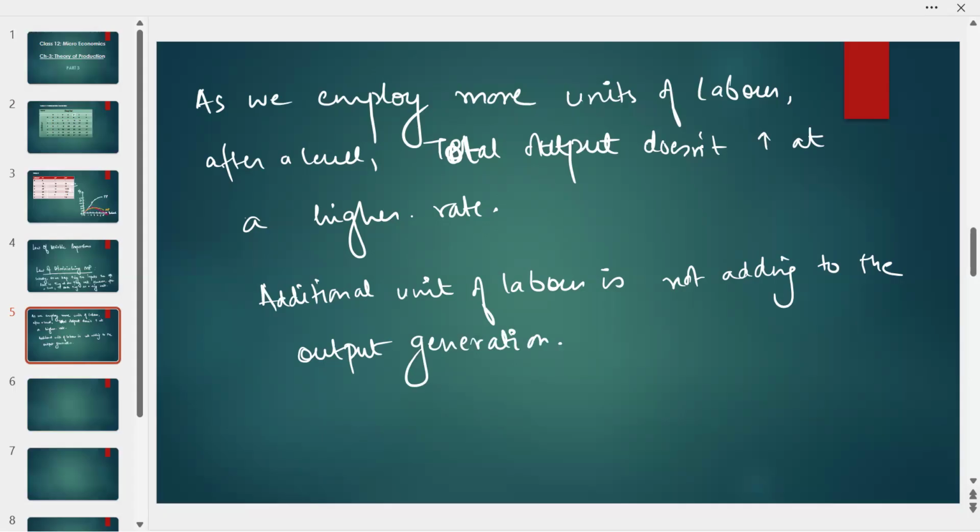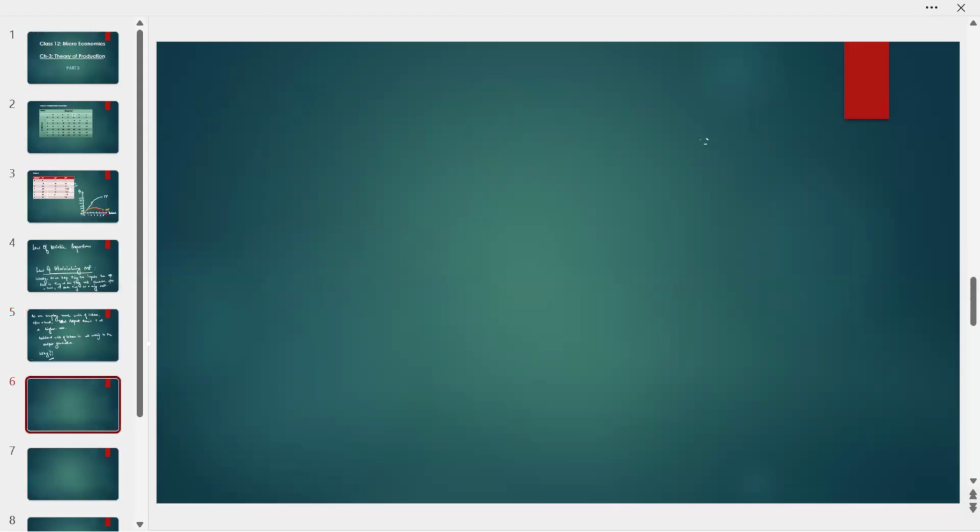The question comes up: why does it happen? It happens because of the concept we need to understand, the concept of factor proportions. What are factor proportions?